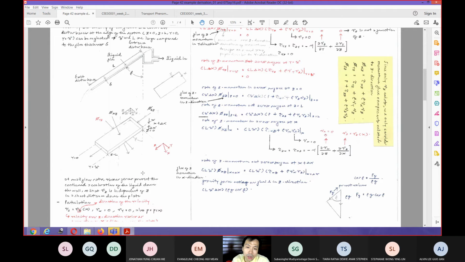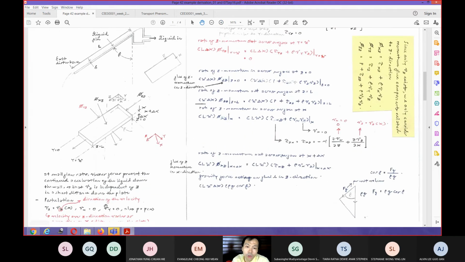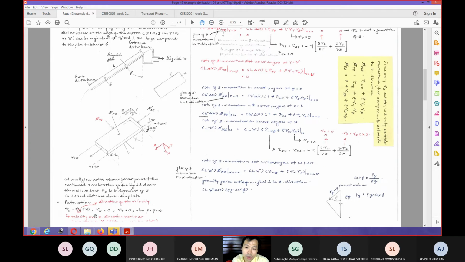Now we go with a very important step. The postulation in here will give us the solutions for everything. The postulation is in terms of the velocity in the z direction, the velocity in the x direction, the velocity in the y direction, and also the pressure force. As we can see in here, we have three directions. You can make a mental picture of your system.